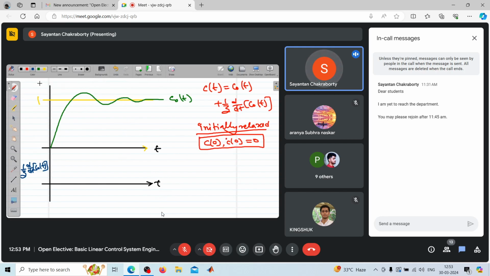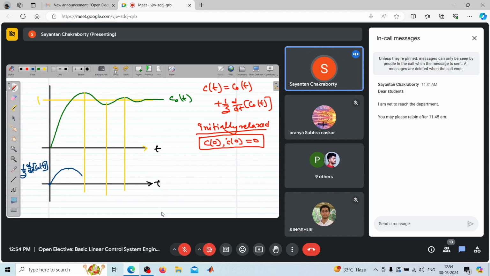So it will start from here, and then it will monotonically increase, then decrease, and become 0 over here.